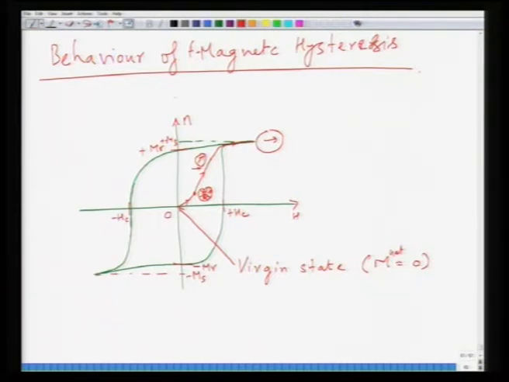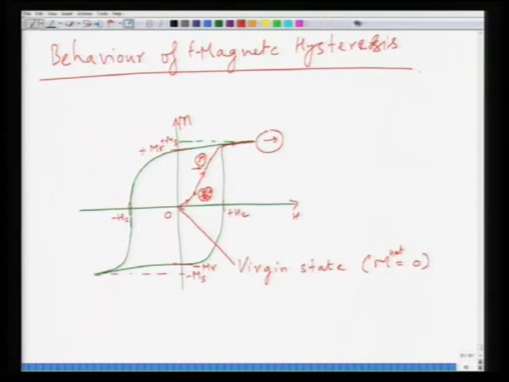This keeps going on. Now, depending upon the parameters of this hysteresis loop, the behavior of the magnetic material is defined. Typically it is defined in terms of ease of magnetization, and this ease of magnetization is essentially about the coercive field.